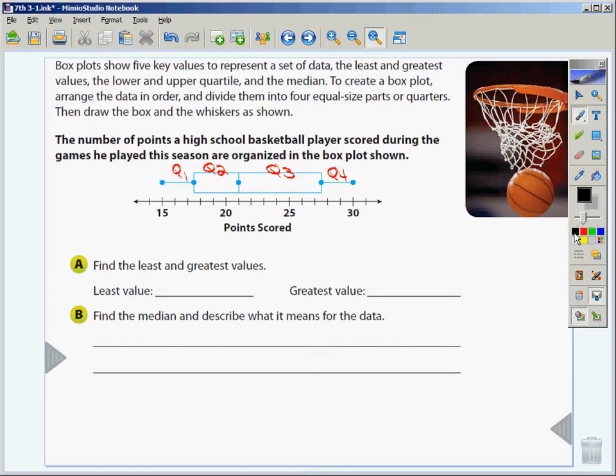Now, it's also important to make note that there are 2 pieces of data, and only 2, that I know for sure came from my original data set. What does the 15 that's here represent? The lowest point. That number came out of my data.